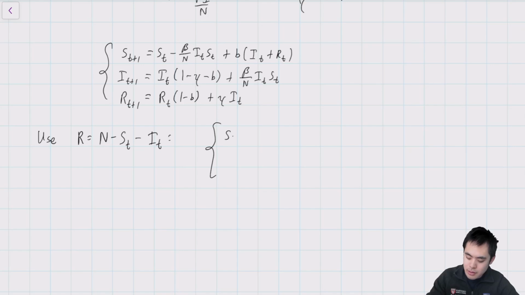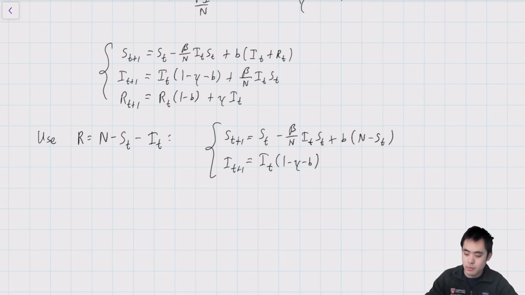So we get s sub t plus 1 is equal to s sub t minus beta over n I sub t s sub t plus b times n minus s sub t. And we get that I sub t plus 1 is equal to I sub t times 1 minus gamma minus b, plus beta over n I sub t s sub t.